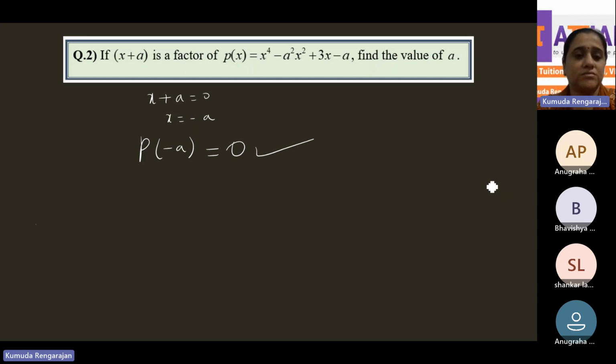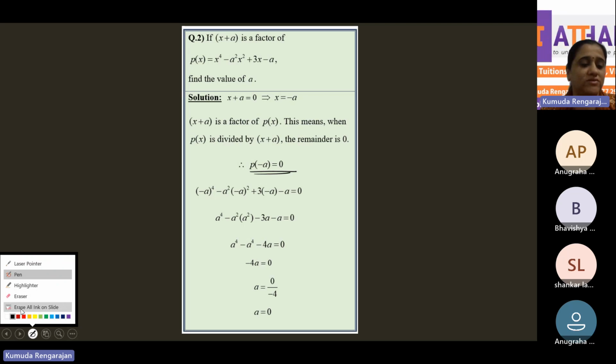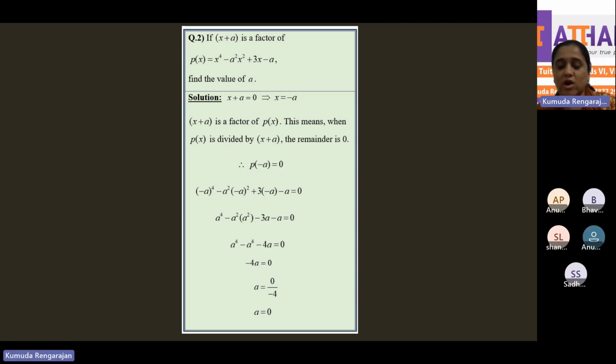Online students? Miss, a is equal to -4. Minus 4? Both are wrong. So see here. P of minus a is equal to 0 is the condition. Here I've substituted wherever there is x. No, you first go through, then I'll talk. Check your answer and see where you've gone wrong.